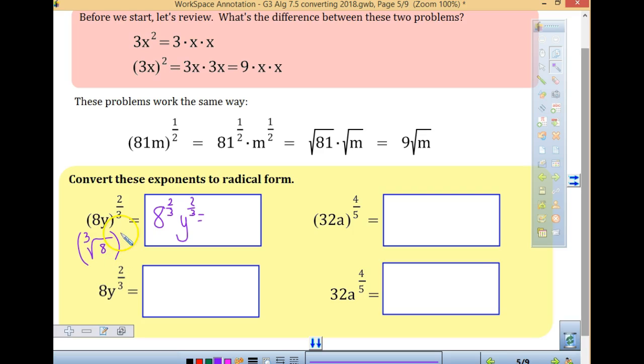Is 2, and then you are squaring it, right? So I get 2 squared. Now you can put this whole thing in your calculator also, and you should get 4. 2 squared is 4, right? Because this was 2 squared, so that gives us the 4. And then we have the cube root of y to the 2nd.